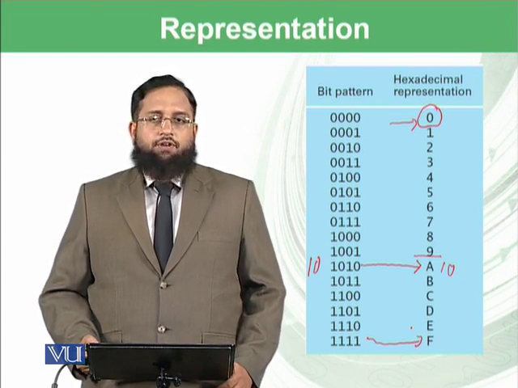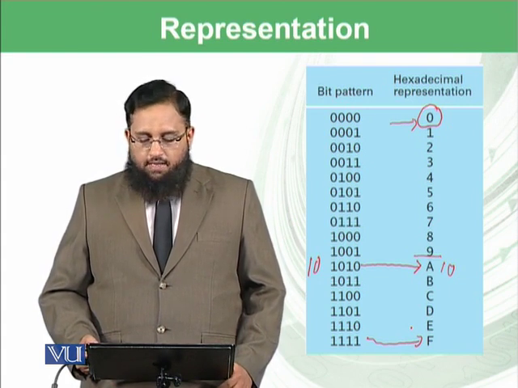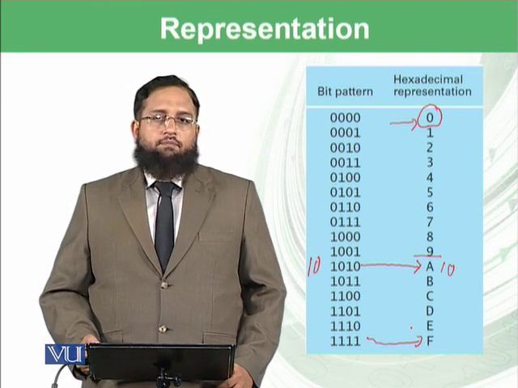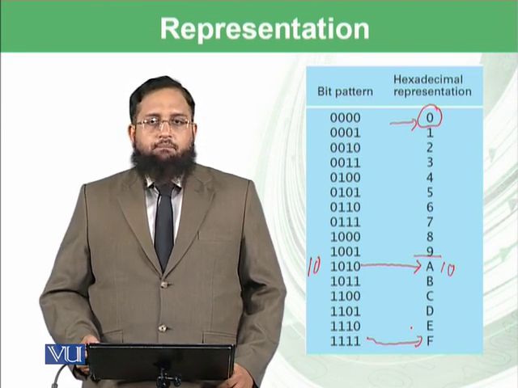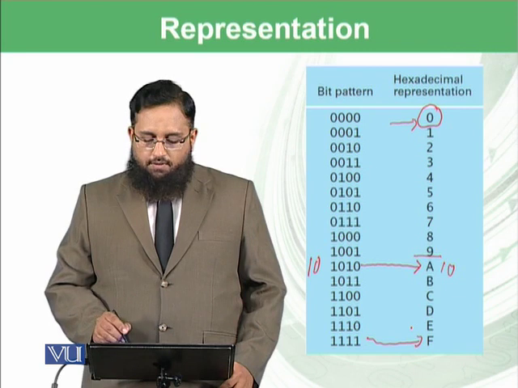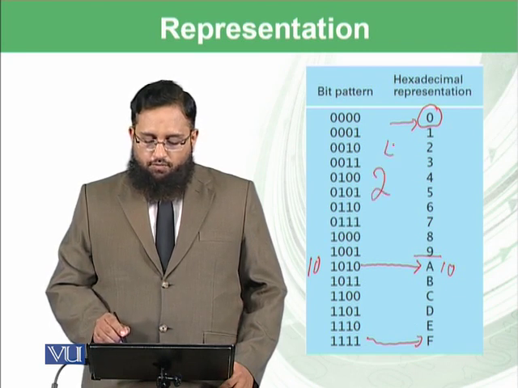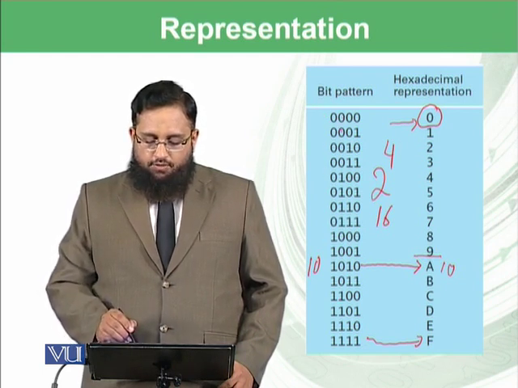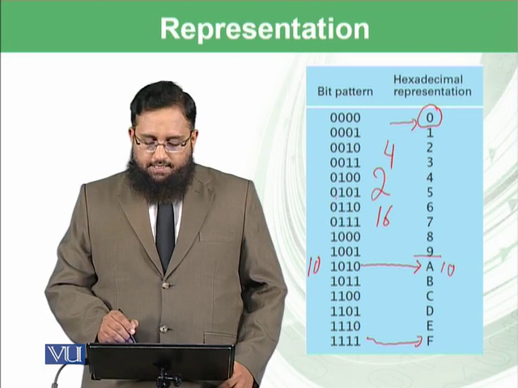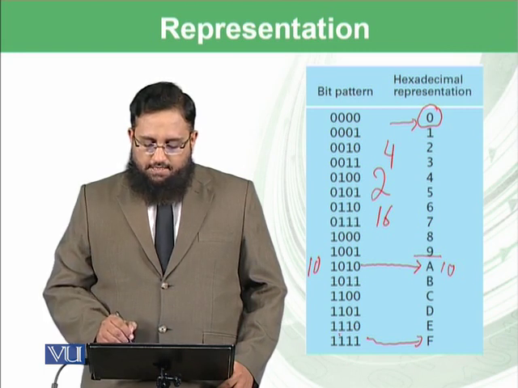And you should recall from the previous module that if we have a bit pattern of 4 bits, then the maximum patterns which can be formed are 2 raised to power 4, which is 16, and these are 16 patterns you can count: 1, 2, 3, 4, 5, 6, 7, 8, 9, 10, 11, 12, 13, 14, 15, 16.